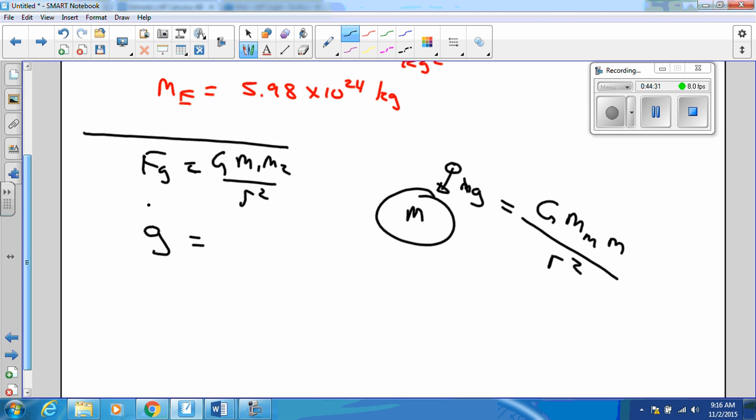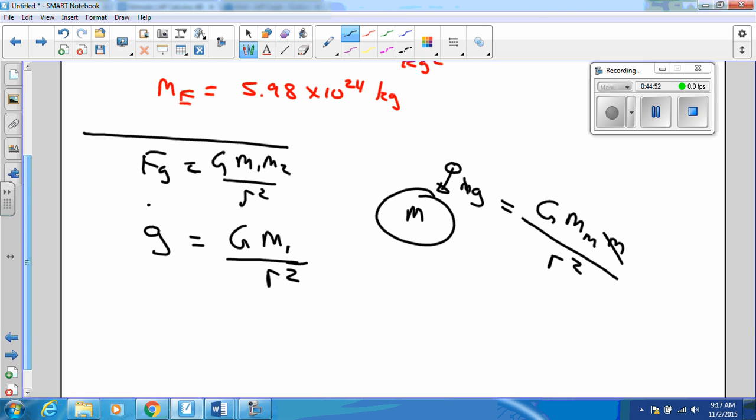And if we just cancel out my mass, then we see that the gravitational field generated around an object is going to be G times the mass of that object divided by the square of the distance that we are talking about.